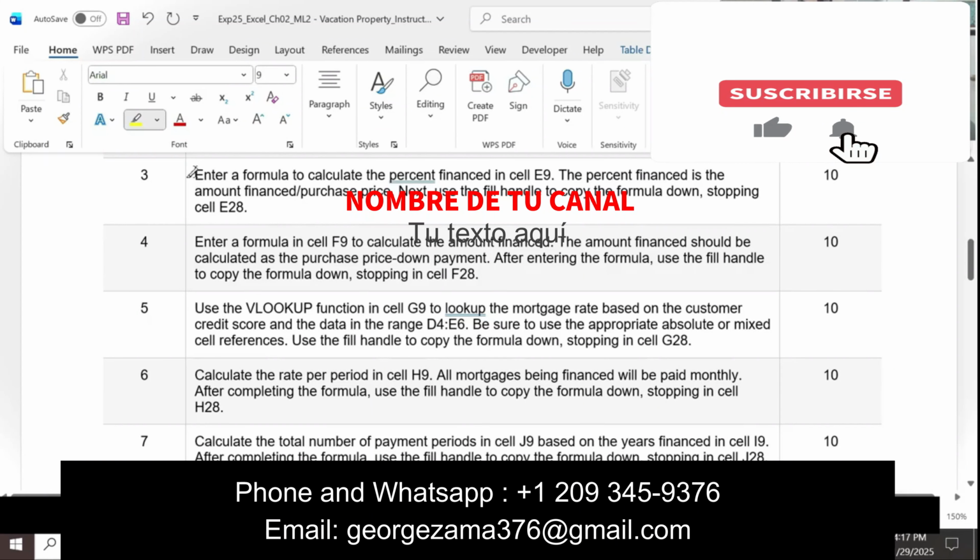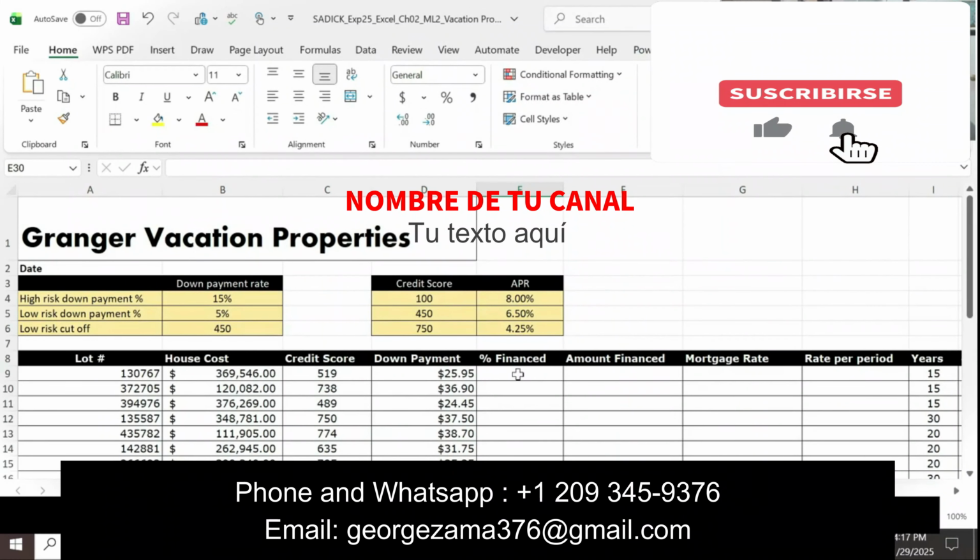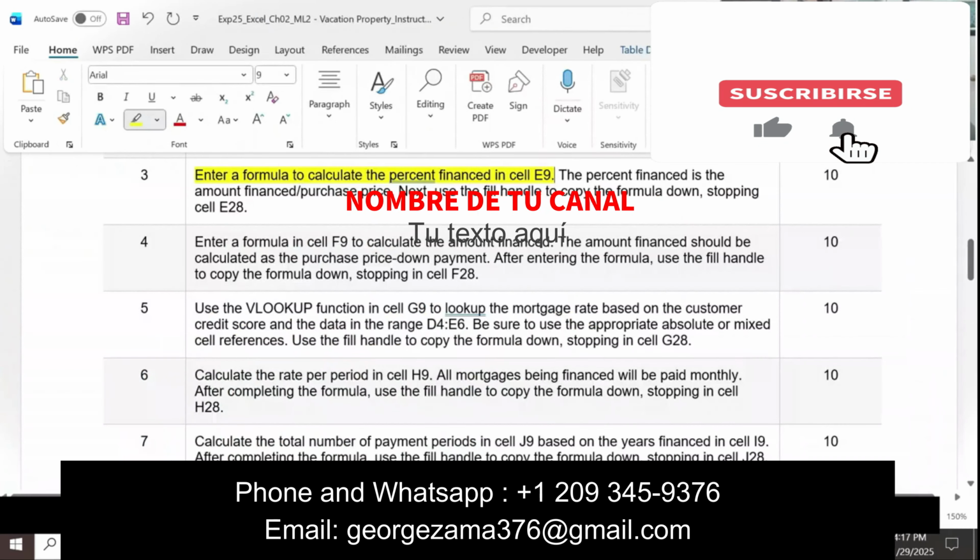Enter formula to calculate percent finance in cell E9. Now we have to enter a formula to calculate percent finance in cell E9. Where is E9? Here is E9. Here we have to use a function or formula. What formula do we have to use? The percent finance is amount finance divided by purchase price.